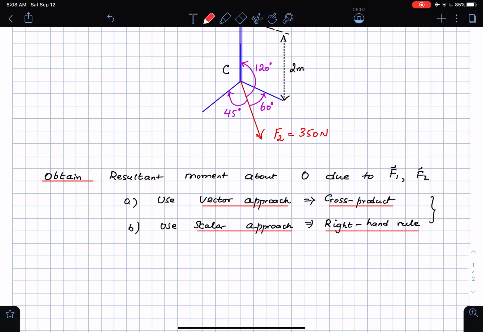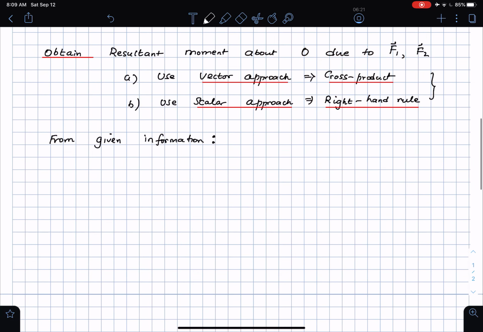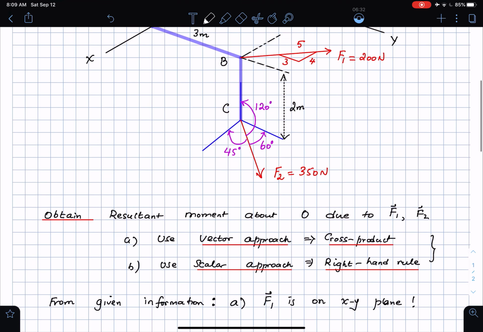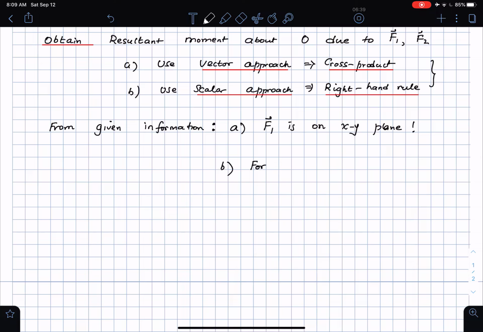Okay, so from the problem, it is obvious from given information that the force F1 is on the XY plane. Okay, that you can see. And then the other thing is that the angles given are the coordinate direction angles for the force F2.